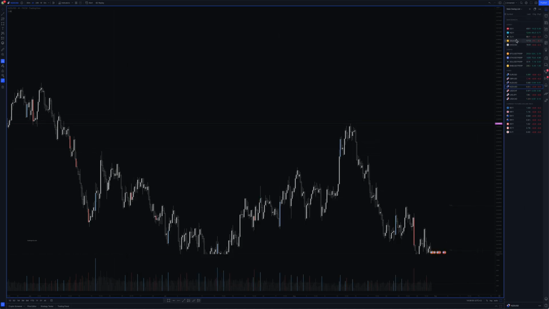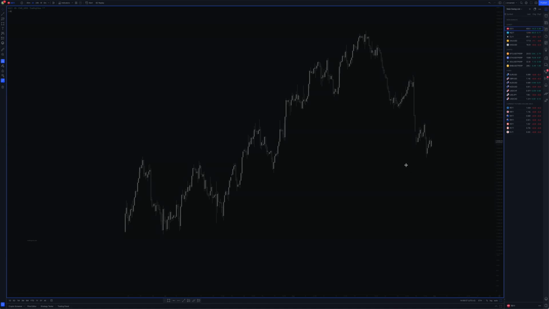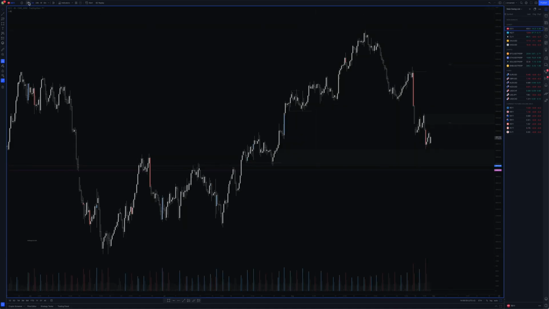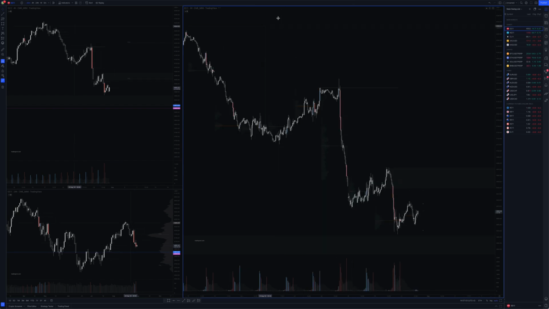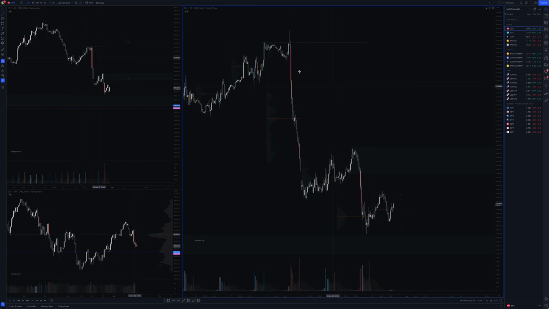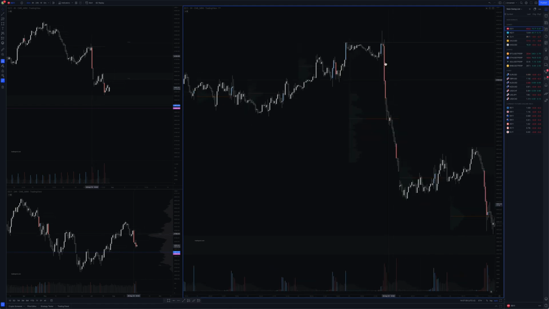An example of this, if you take a look at ES, happened recently. You had this very aggressive H1 failed swing, but you also have a huge pickup in the high relative volume here, because this is the US open, and once this candle closes, you will just enter the market short.